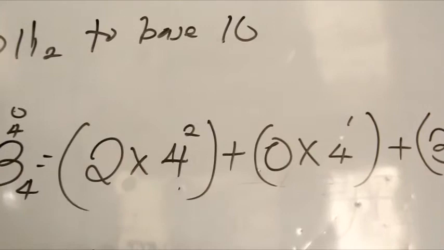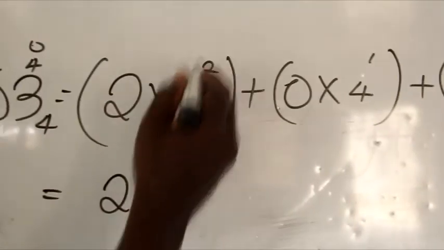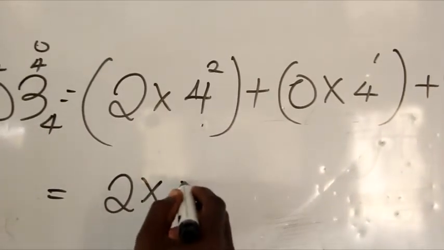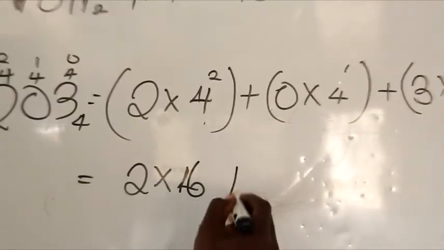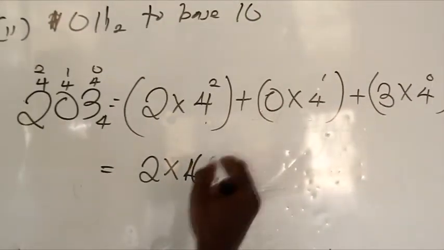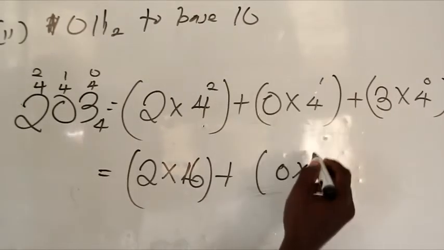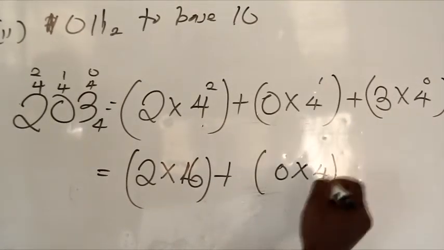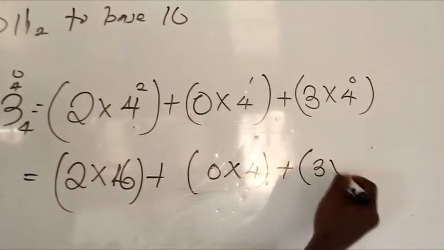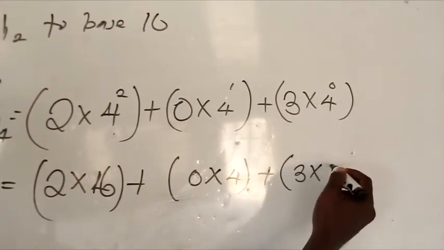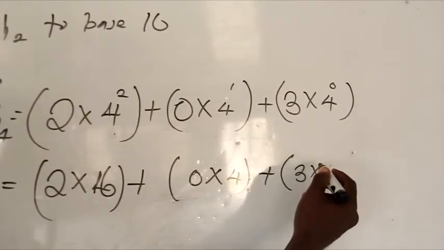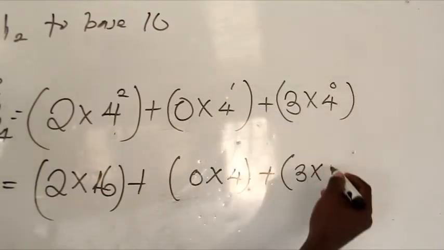Okay, we clear brackets. 2 times 4 raised to the power of 2, which is 16, plus 0 times 4 raised to the power of 1, which is 4, plus 3 times 4 raised to the power of 0. Sorry, 4 raised to the power of 0 is 1.